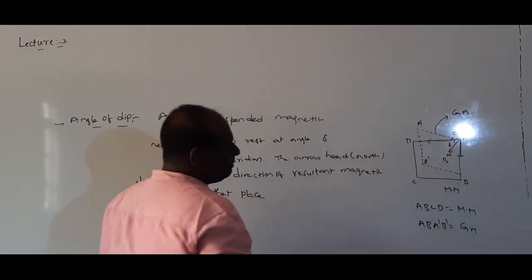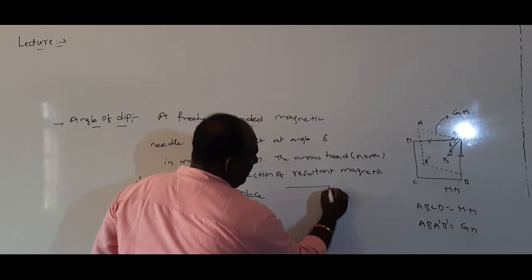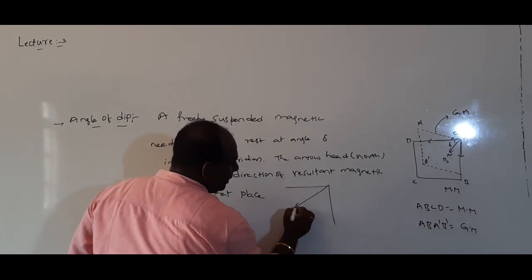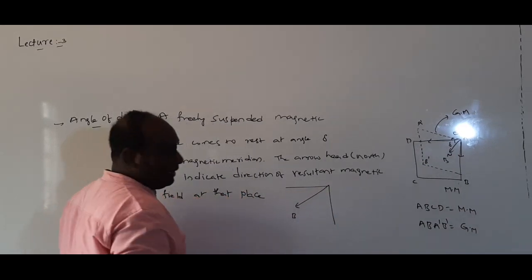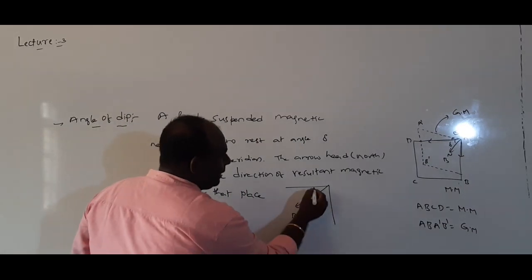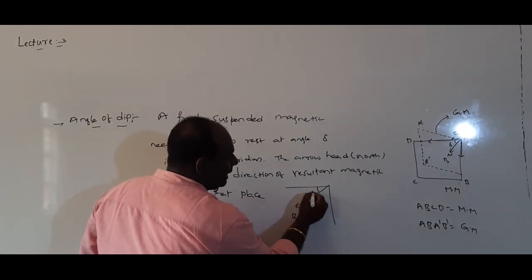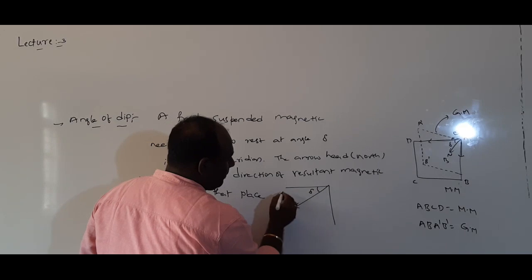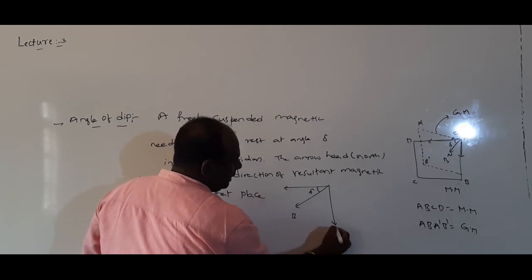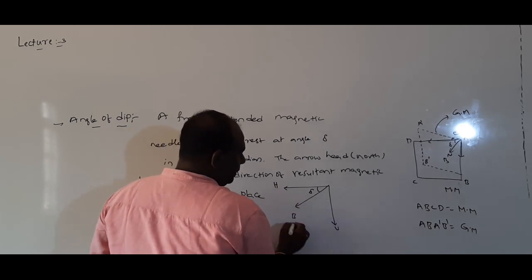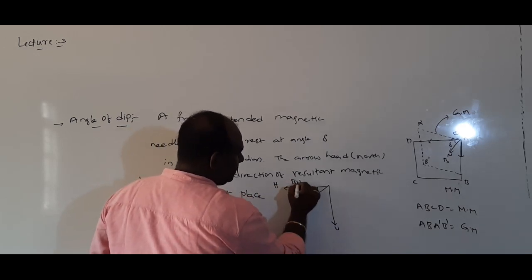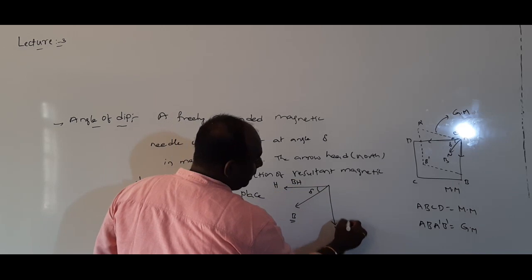In this magnetic meridian, this is the resultant magnetic field. The resultant magnetic field makes an angle delta with the horizontal. If you assume this plane, this is horizontal, this is vertical, I can resolve this B into two components, B horizontal component and B vertical component.